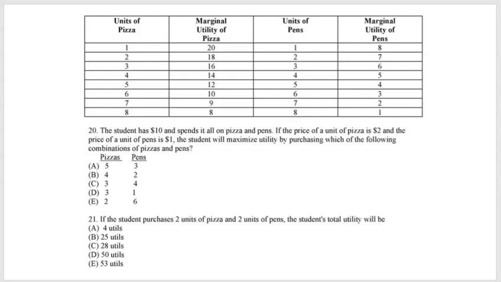So what we actually have to do is calculate the marginal utility per dollar of both pizzas and pens. And so remember, pizzas cost $2, pens cost a single dollar here.